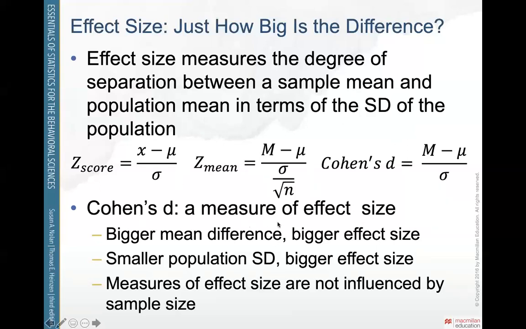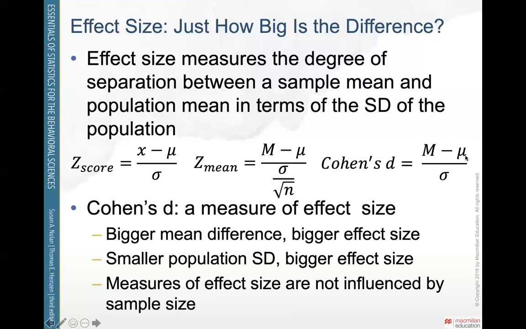And Cohen's d is influenced by several things, and it has some interesting properties. First, the bigger the mean difference between the sample mean and the population mean, the bigger the effect size. And looking at this equation, you can see that, right? In the numerator right here, you have M, the sample mean, minus mu, the population mean.